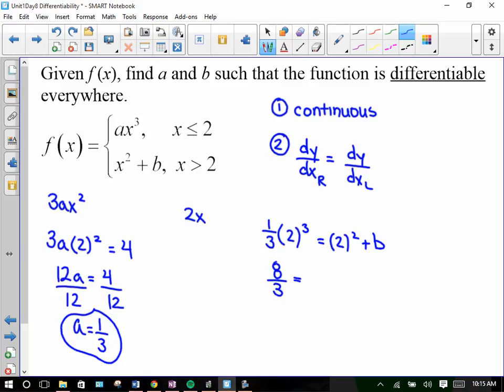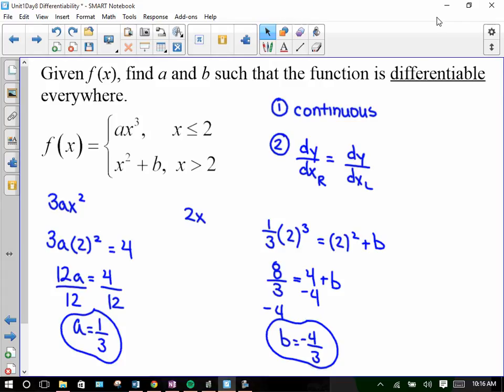And that's equal to 4 plus b. Subtract 4 from both sides, and you get b is equal to -4/3. Okay? So, those are my values, A and B, that make this function differentiable everywhere.